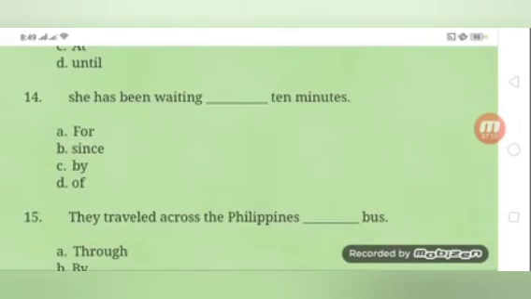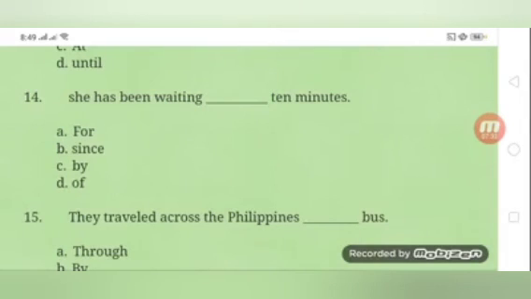Next one, she has been waiting blank 10 minutes. Has been waiting. This is present perfect progressive. So when you are talking about a specific period of time, like 10 minutes, you can use in or for. Since in the choices we only have for, you would say for here.